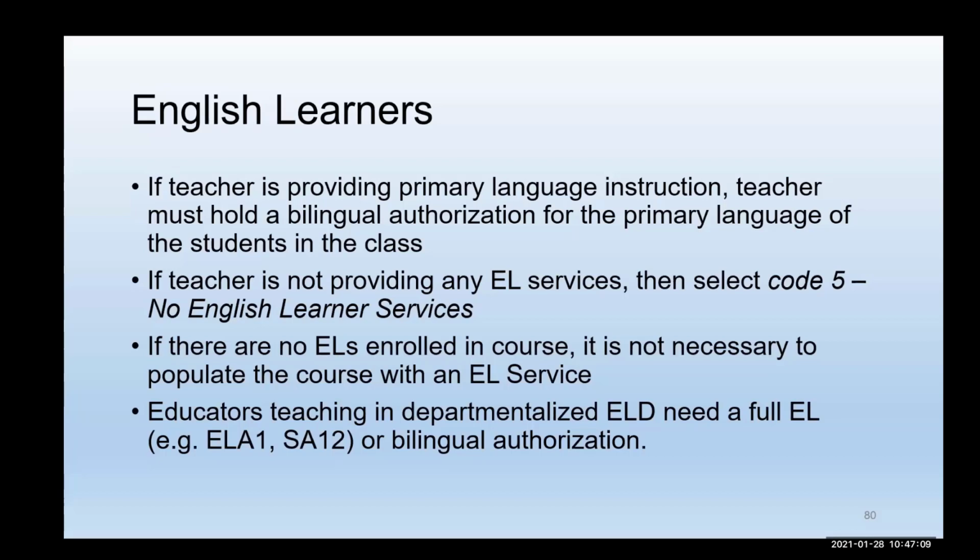And it's very likely that one or more of those courses will be providing some sort of English learner services, and then they won't drop into the no services provided bucket, right? So if you have a particular teacher, let's say a physical education teacher, and there's no English learner students in there, you don't have to mark any services being provided because the teacher's not providing any. So just keep that in mind.